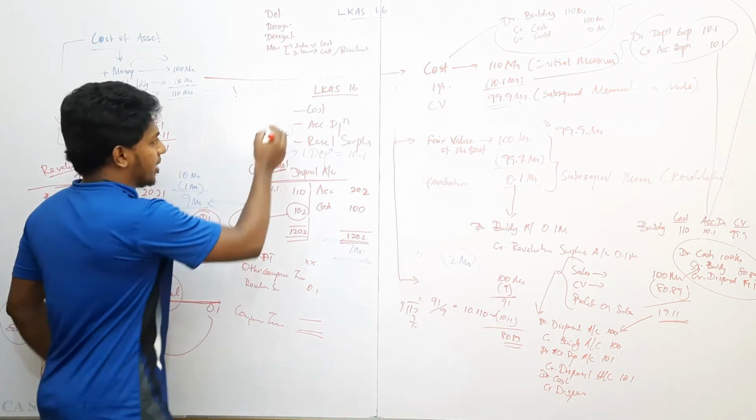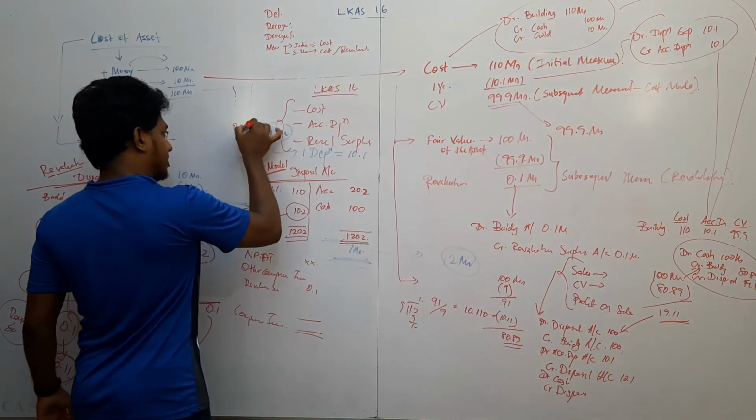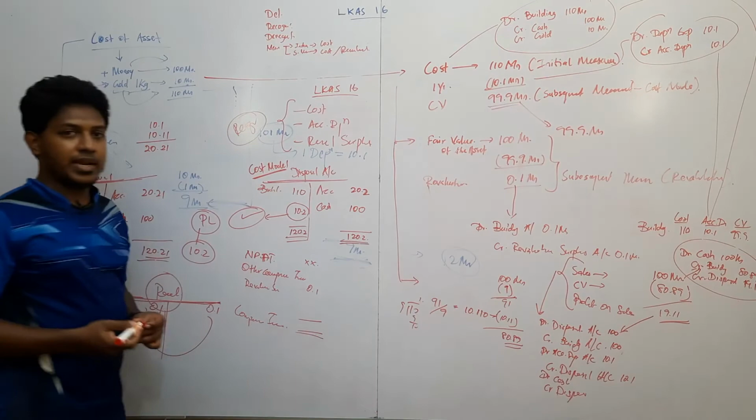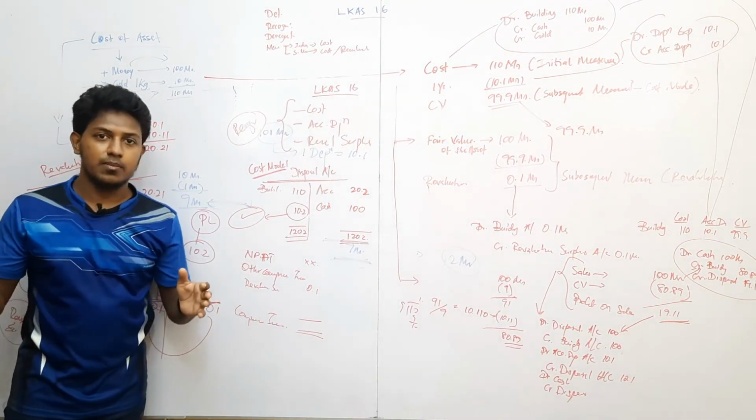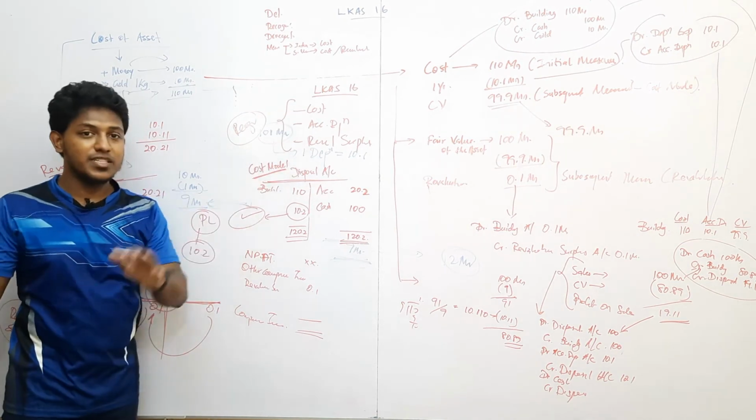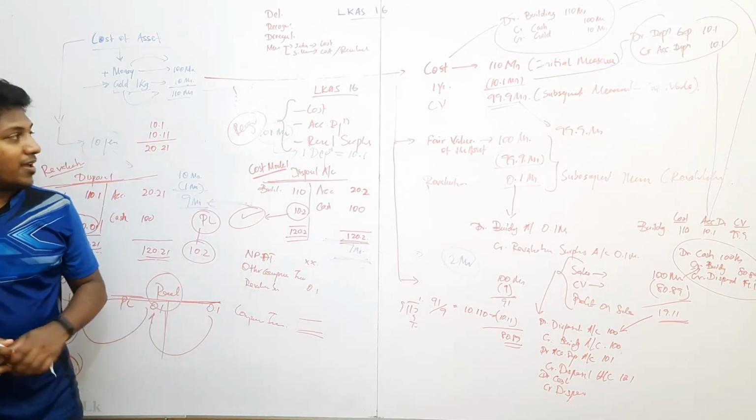When that asset is recognized, it means that asset is used for more than 1 year. So cost, accumulated depreciation, surplus we will keep until that asset is disposed from the company.